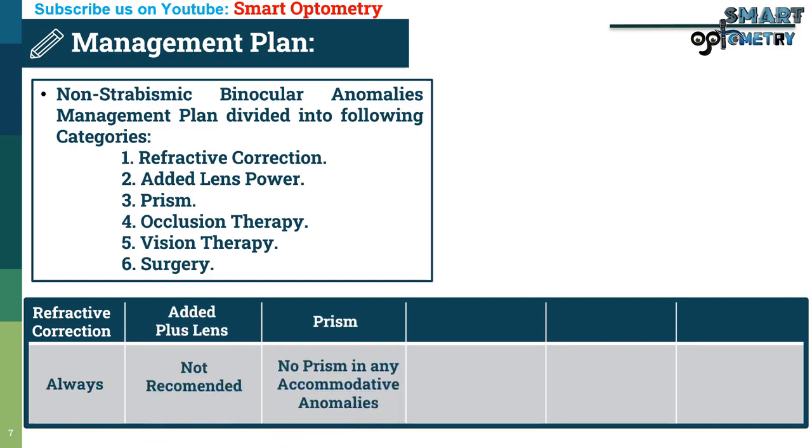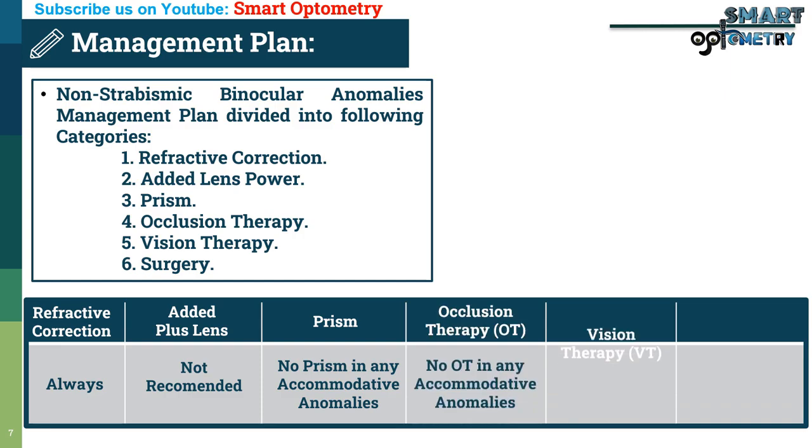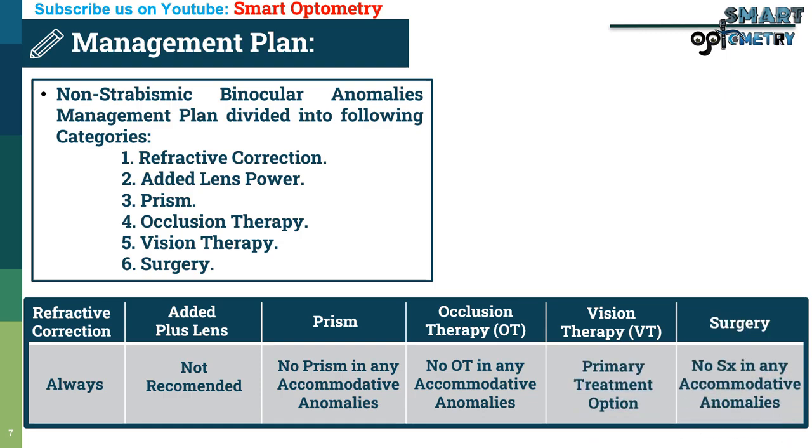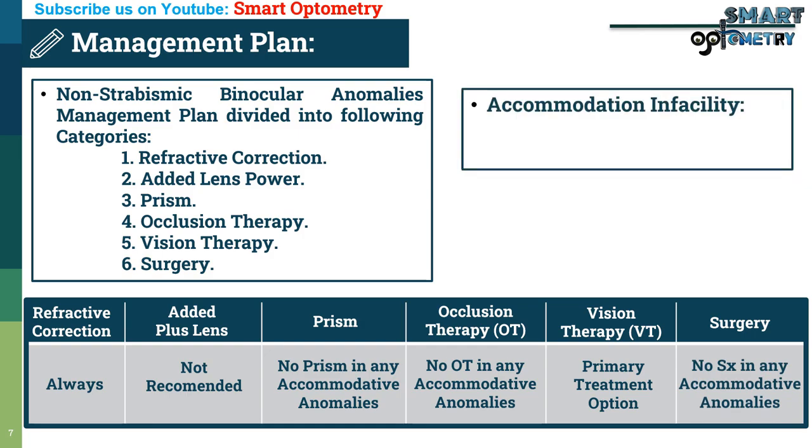Prism: no prism in any accommodative anomalies. Occlusion therapy: no occlusion therapy in any accommodative anomalies. Vision therapy: vision therapy is the primary treatment option for accommodative infacility. Surgery: no surgery is indicated in any accommodative anomalies. So the management plan for accommodative infacility is 1. Refractive correction, 2. Vision therapy.